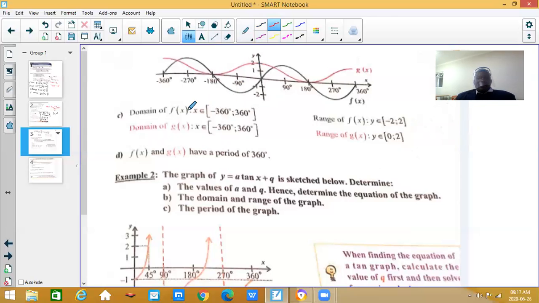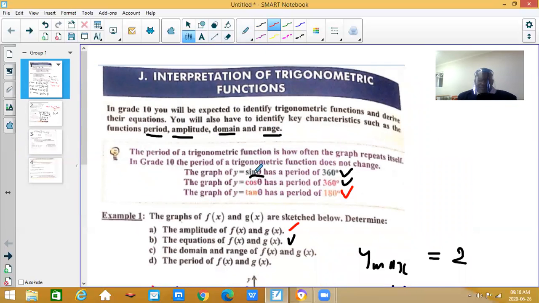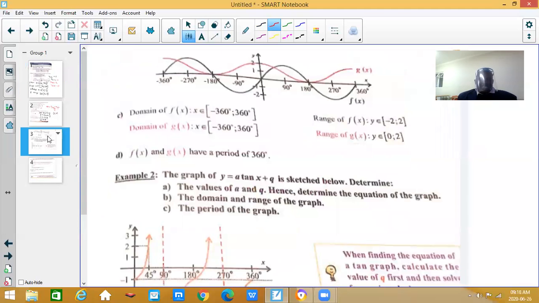The period of f in x is this one. We talked about the period earlier: the period of a trig function is how often the graph repeats itself. Now, how often does the graph repeat itself? Let us start from here.